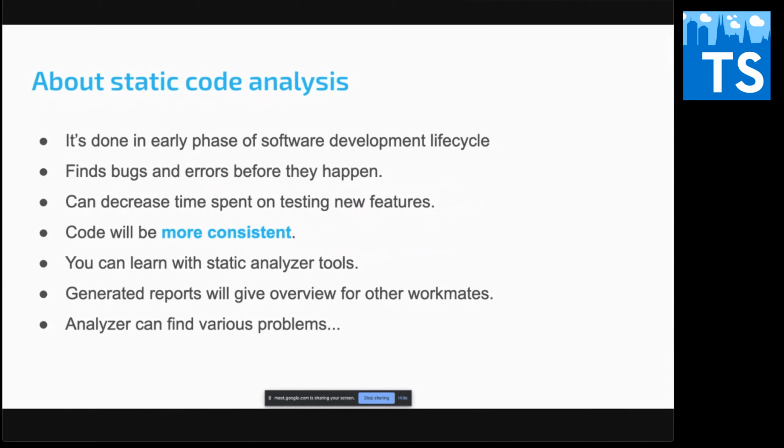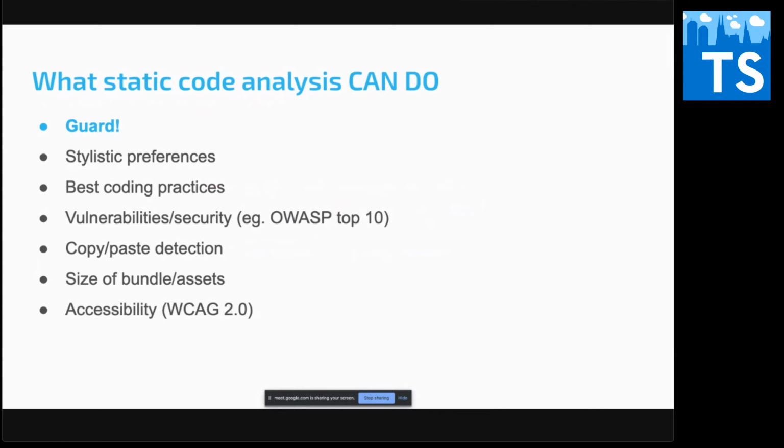There are multiple tools for analyzing code, and by using them, you can detect many problems. What can static code analysis do? Static analysis tools will guard your code base, your stylistic preferences, and best coding practices for TypeScript or even for the specific framework used in your project.